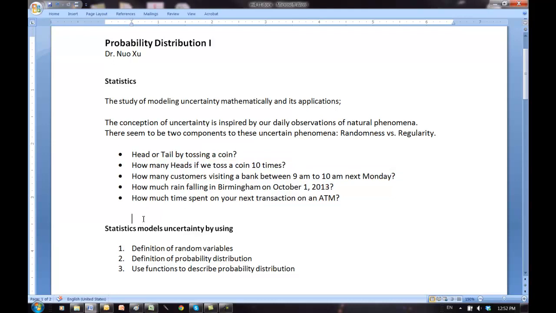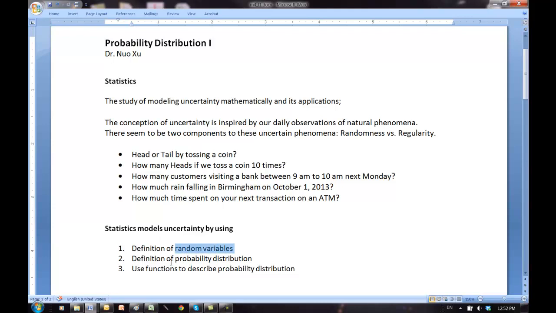So now the question becomes, how do we model uncertainty, or how does statistics model uncertainty? This is actually done by the following 3 sequential steps. Step 1 is we define this concept called random variables.